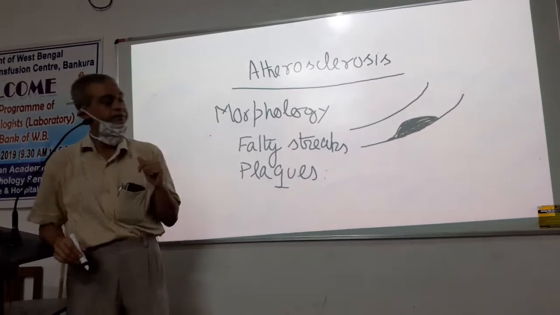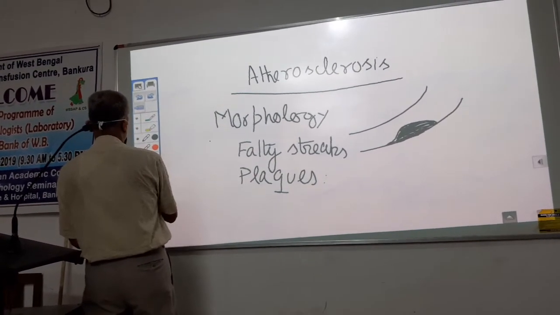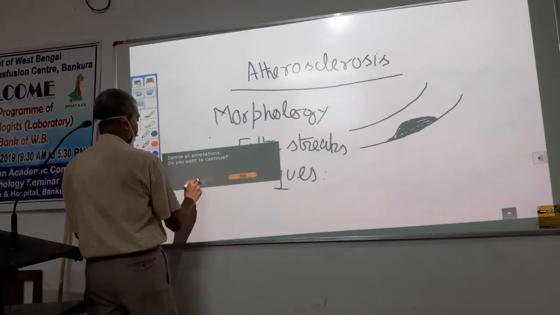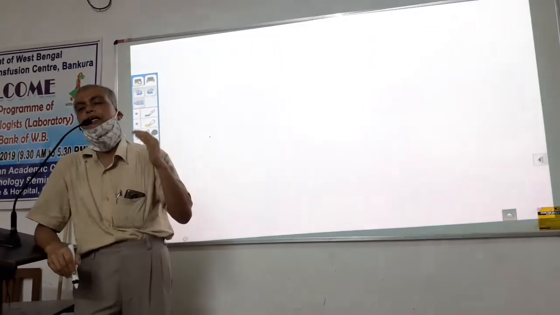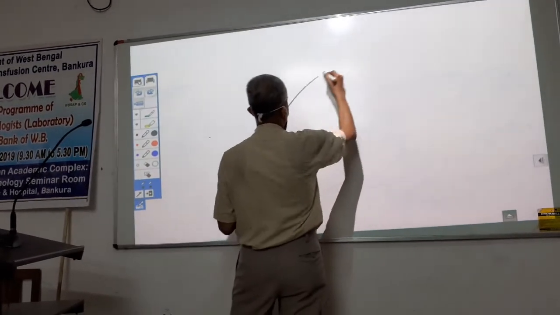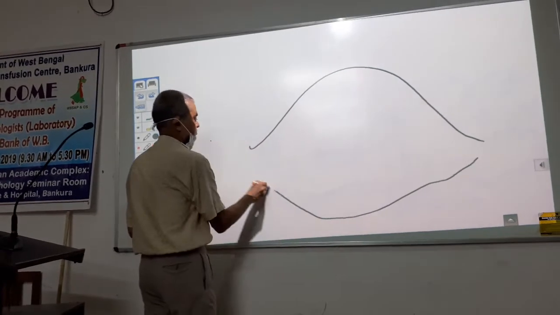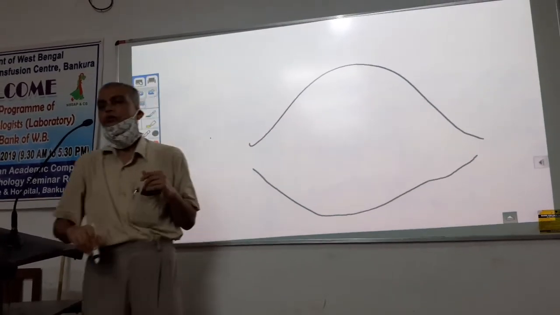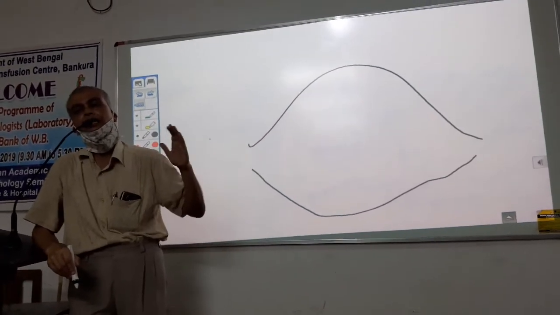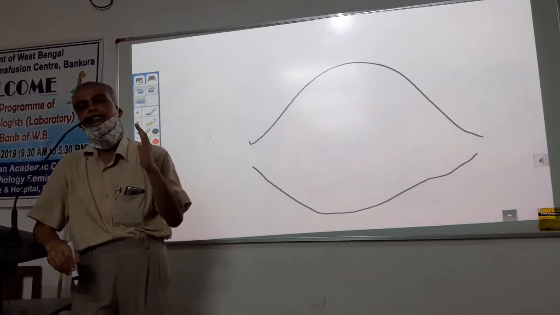So let us take the biopsy of an atheromatous plaque. In an atheromatous plaque, the elevated upper portion is known as the fibrous cap.